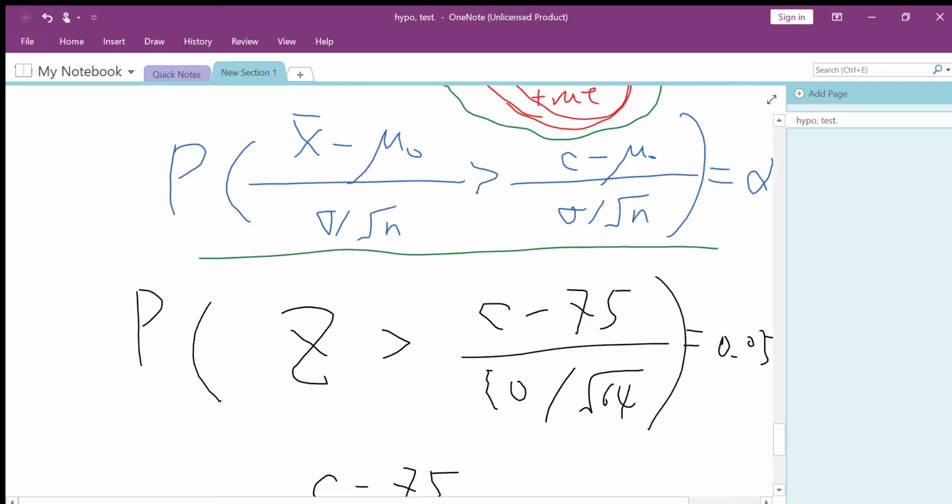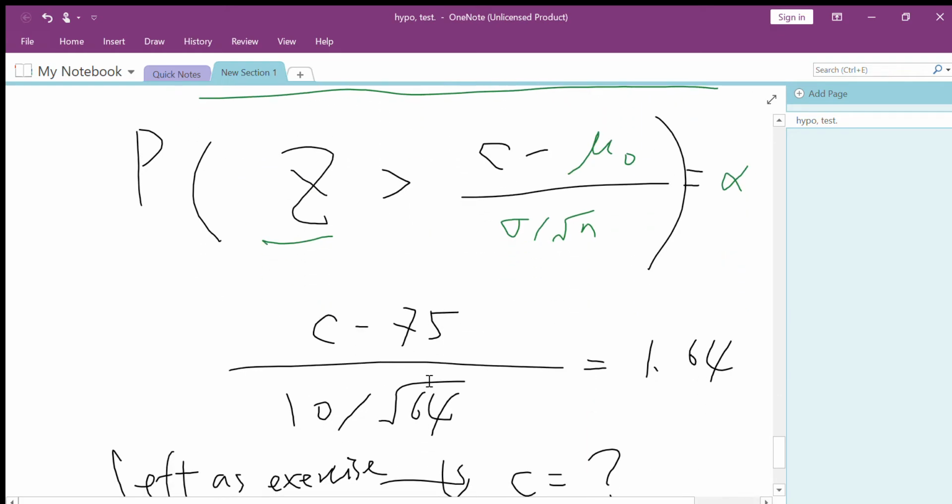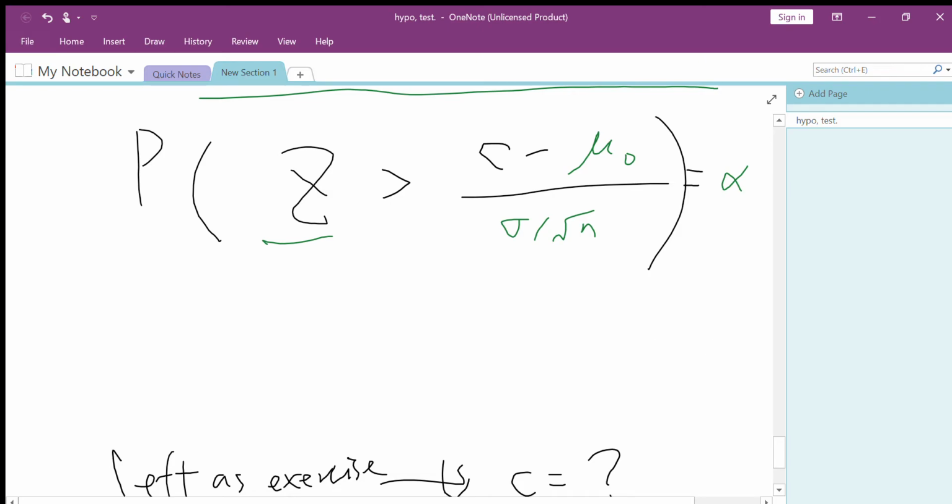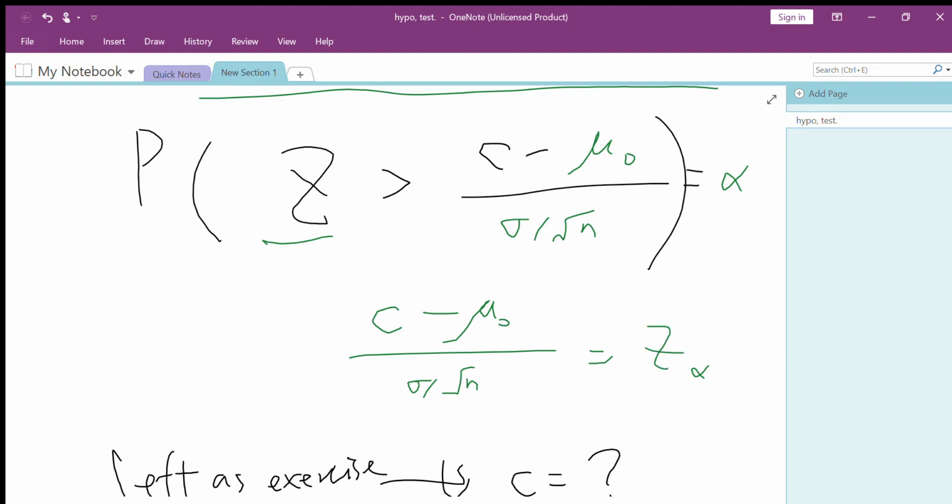Here we got Z, and if we do it abstractly, we'll keep it as notation. We got c minus mu 0 divided by sigma divided by square root of n is what? It is z alpha. Remember what alpha means?